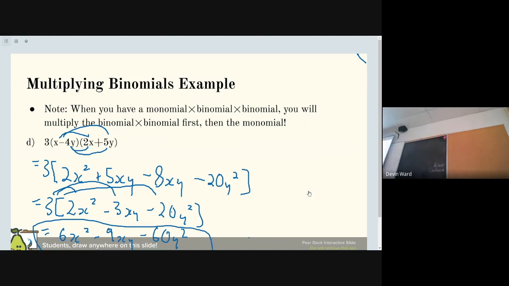So you have 6x squared minus 9xy minus 60y squared. Everyone feeling okay with that? So same thing, except you just multiply it by the number in front of the variable.